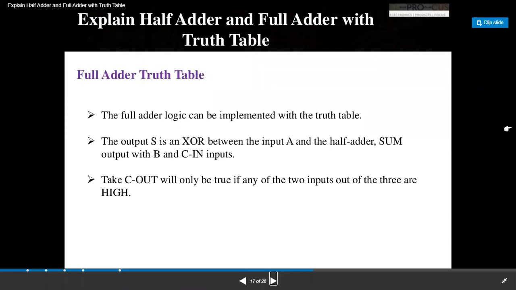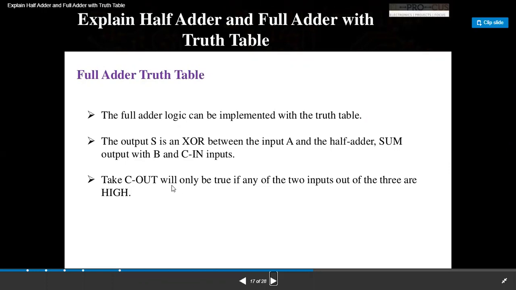We know that the output S is an XOR between the input A and the half adder output. The sum is the output with respect to B and C in.